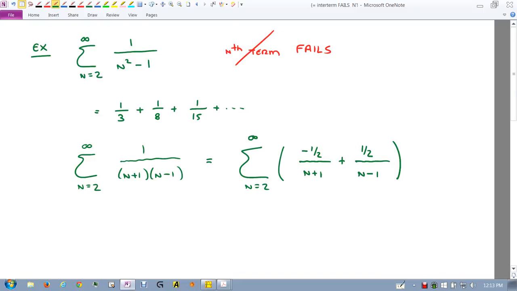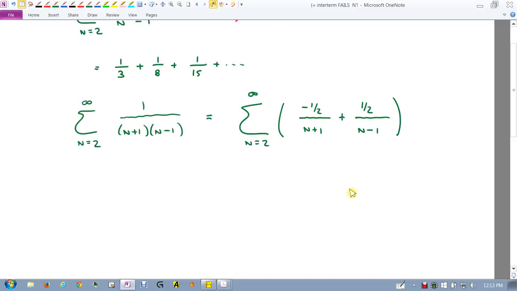Okay, now let's write these out. Again, I'm just going to try and discover a pattern here and hope for the best. Start out with n being 2. What would you get? -1/2 over 3, right?